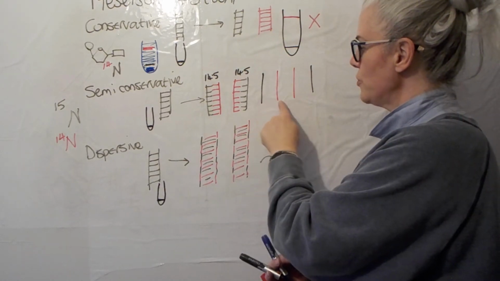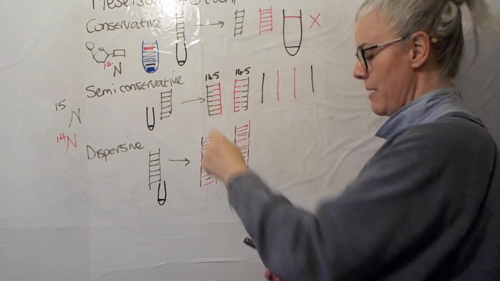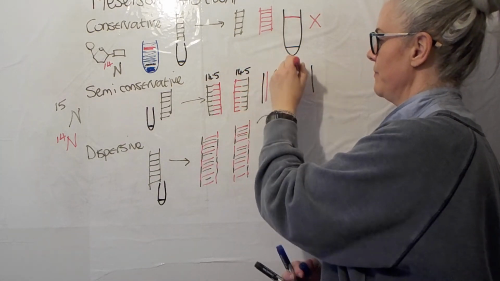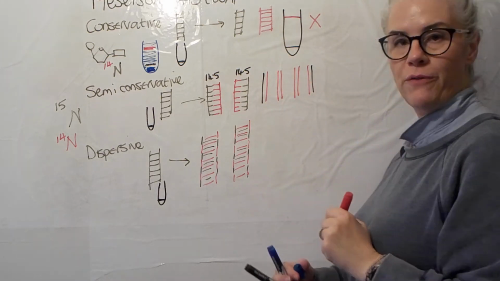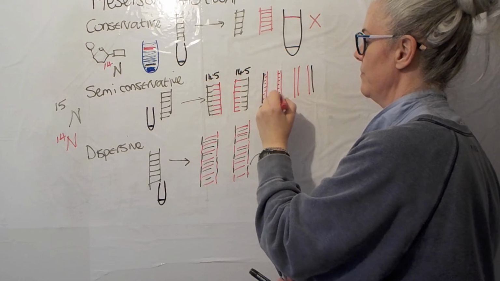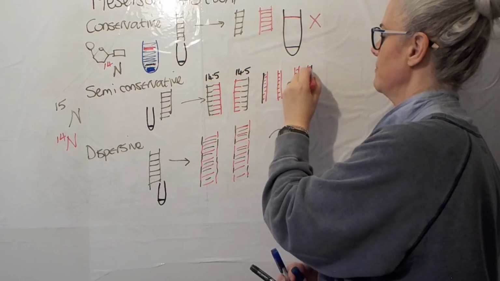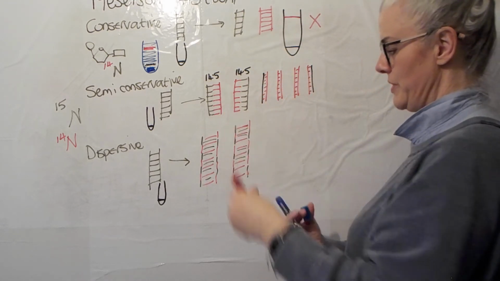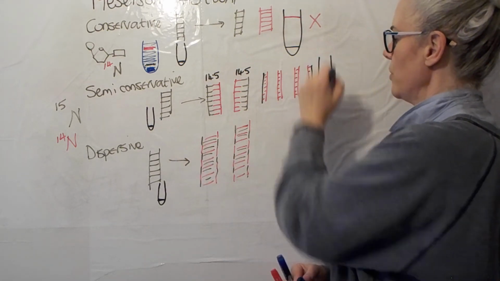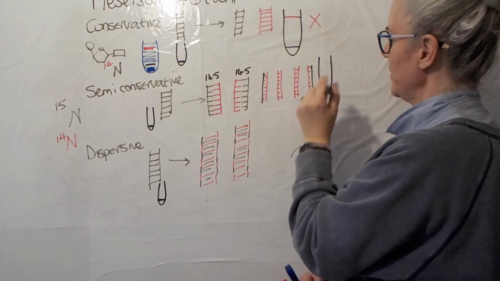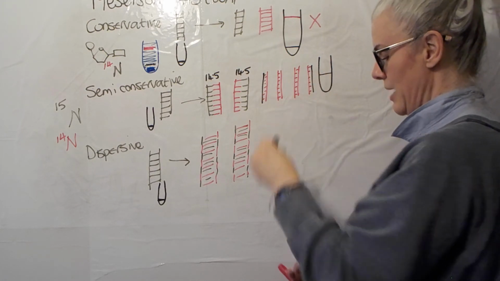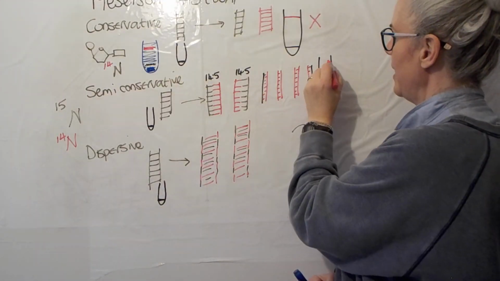So all new strands made against these original templates will have 14. The lighter DNA. Now if you do the cesium chloride gradient for this one, what you find is that these two are still 14 and a half. These two are now completely N14.